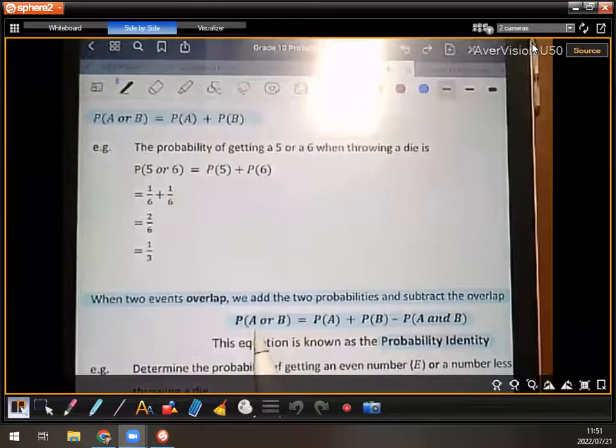So the probability of A or B is the probability of A plus the probability of B minus the "and" part. So minus those 2 jacks that are red, that were already a part of the red cards. I'll show you one way now.